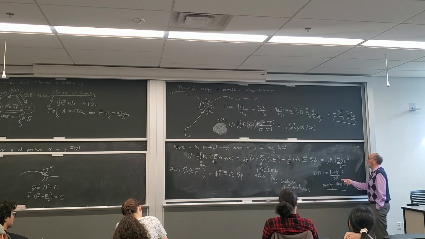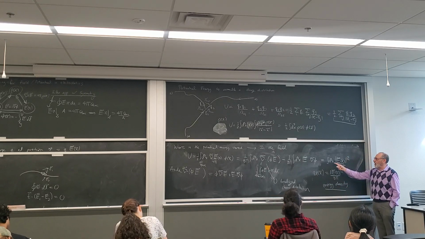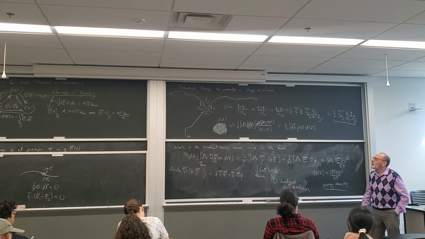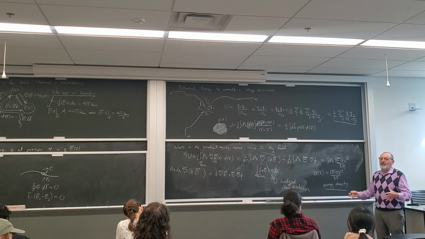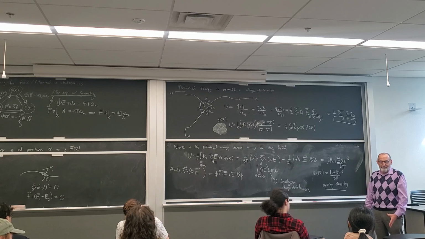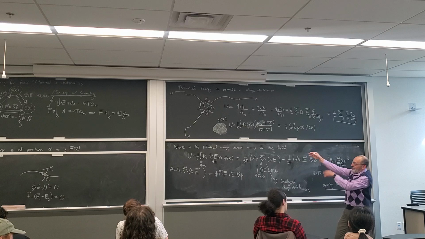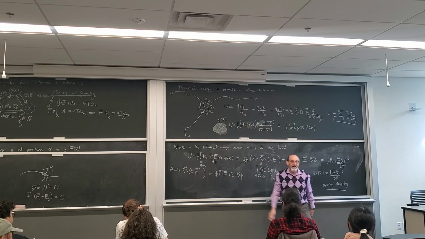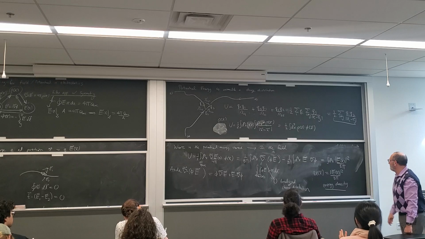It's the energy per unit volume. When I integrate over the volume, I get the total energy, the total potential energy stored in the system while I created this charge distribution. That's my picture. Okay? Yes?